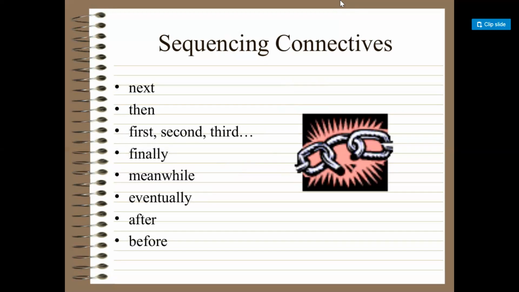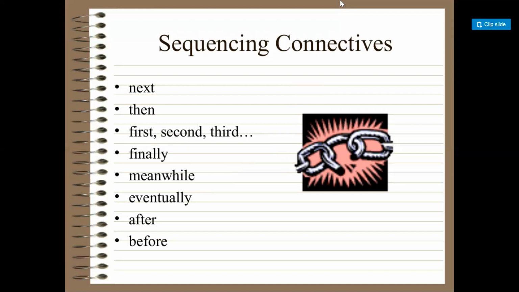We can see some examples here like next, then, firstly, secondly, thirdly, finally, meanwhile, eventually, initially, after, before, etc. So, for instance, initially he invested a small amount. Later, he asked his friends to invest in it. So this could be one example for sequencing connectives.